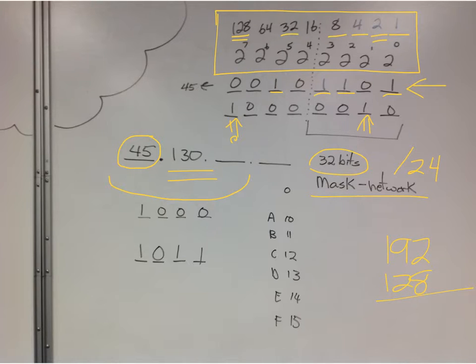Now, we did talk a little bit about hexadecimal, 16 digits, 0 through 9, then 10, 11, 12, 13, 14, 15. That would be 16 digits. And that's how we get letters in there. We did an example, we had one up on the screen.